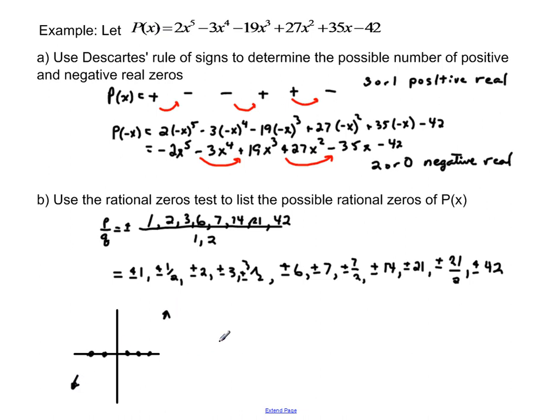Right? That is our maximum. Now we could have a graph that passes through the x-axis in no places to the left, but 3 places to the right.